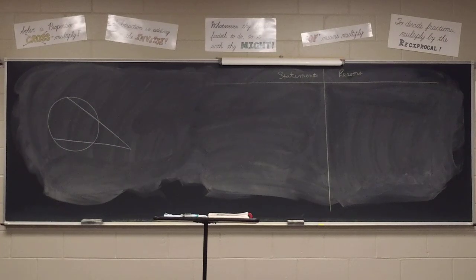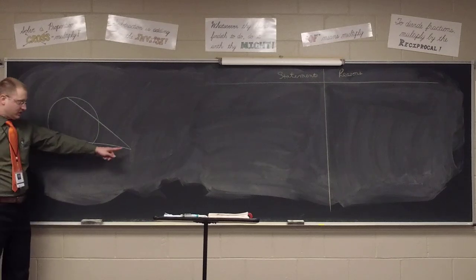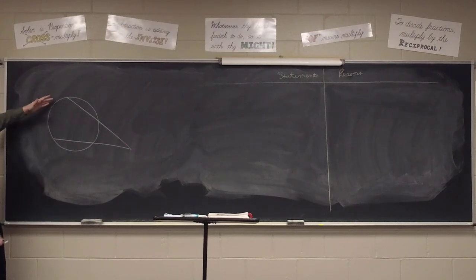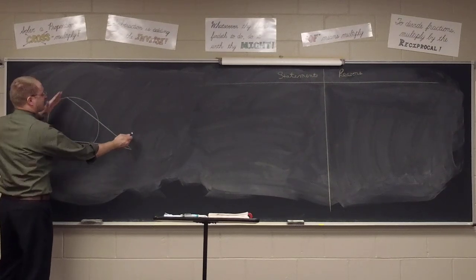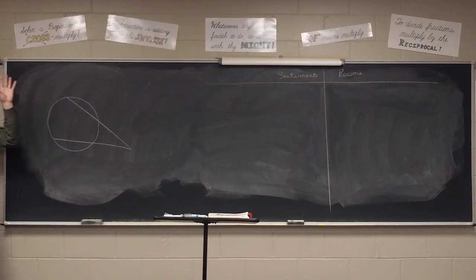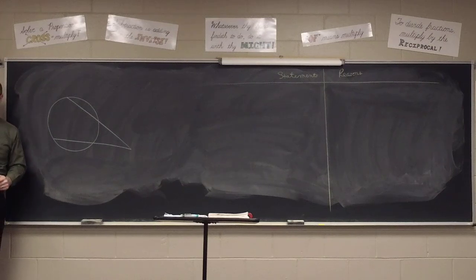Hopefully, you have a picture something like this. How many have two secant lines coming from the same point, and the lines are approximately equal to each other? Again, we don't trust our eyes anyway, but approximately equal. All right, questions on how we got this picture? If you didn't have this picture, go ahead and get it down.